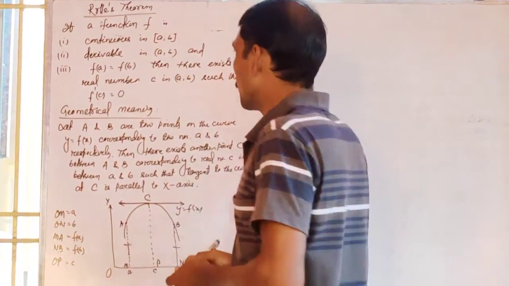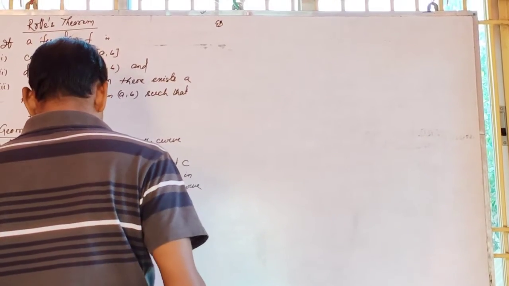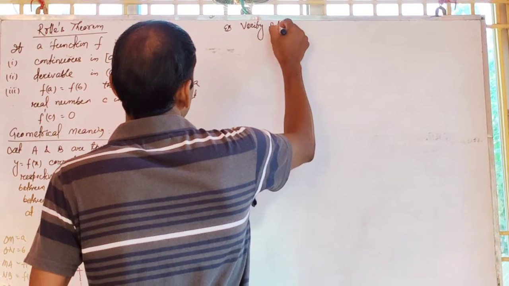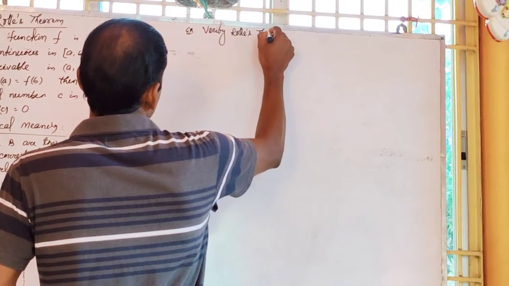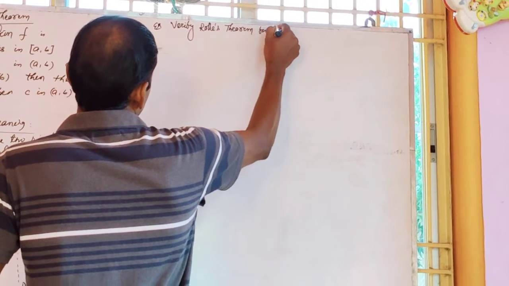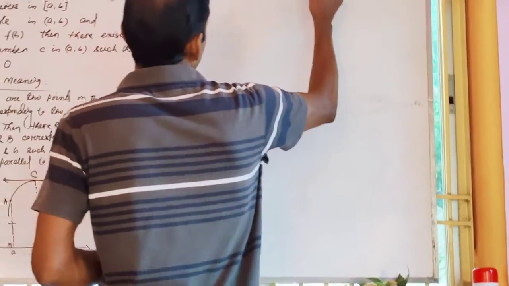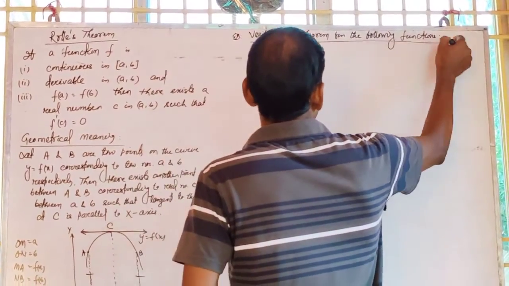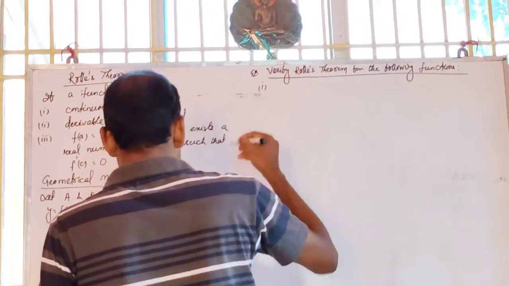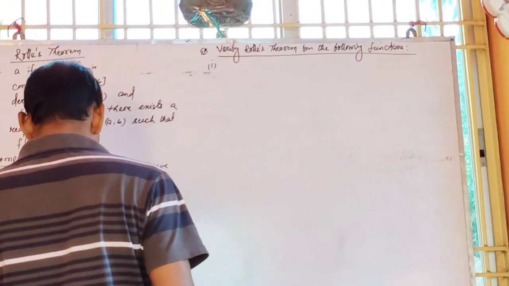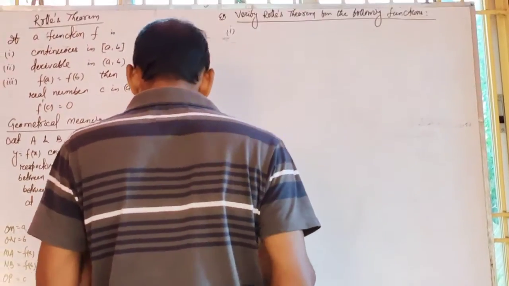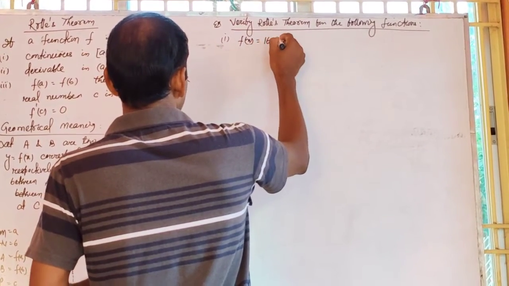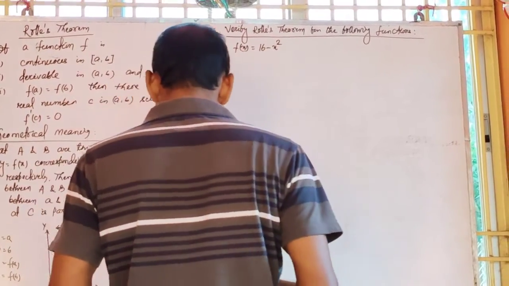For example, for the following functions, the first one, f of x equal to 16 minus x square.